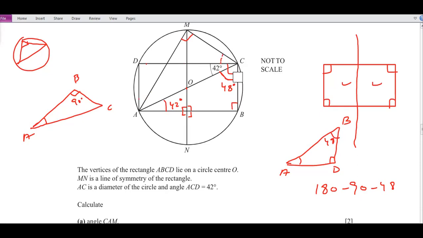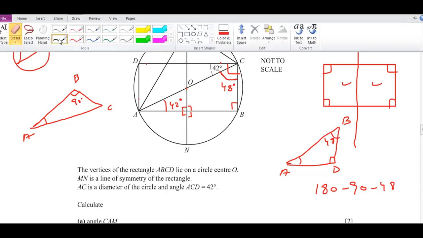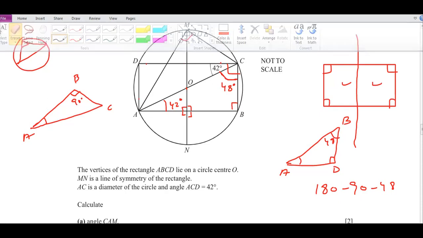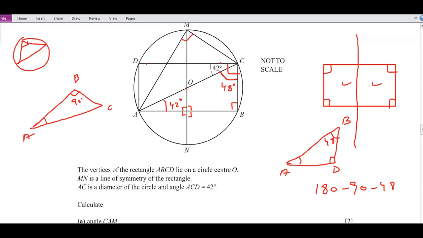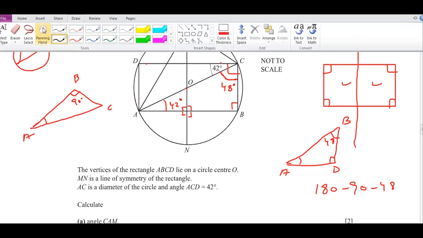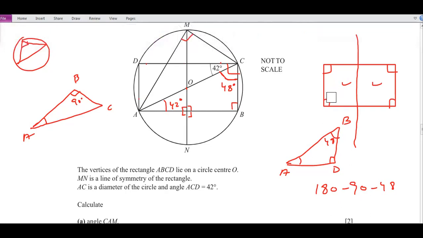Just for a while, can we use the property of the cyclic quadrilateral as well? Yeah, one more thing is, if this angle is 48 degrees, in the rectangle, remember a rule in the rectangle is, let's say you take a diagonal of the rectangle.